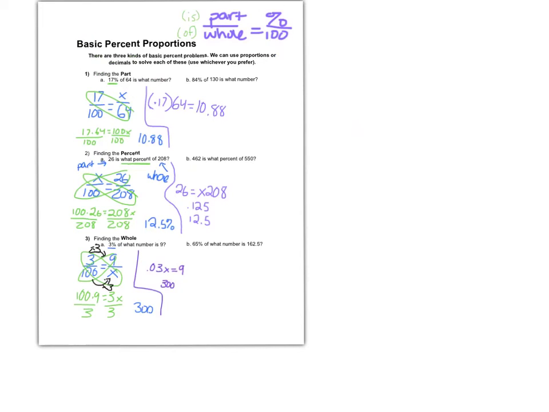In the second one, we were told that 26 is what percent of 208, so we have 26 out of 208, and we want to find what out of 100 that's equivalent to. In the third one, we're told that 3% of some number is 9, so our part is our 9, and we don't know the full number that we're talking about, but we know that 9 is only 3% of the number.